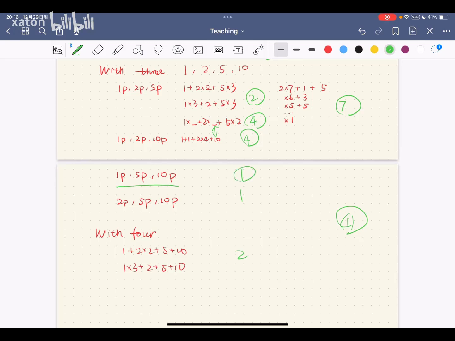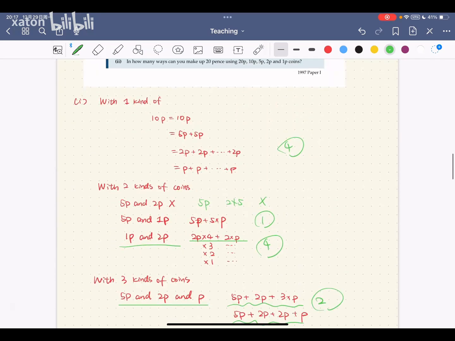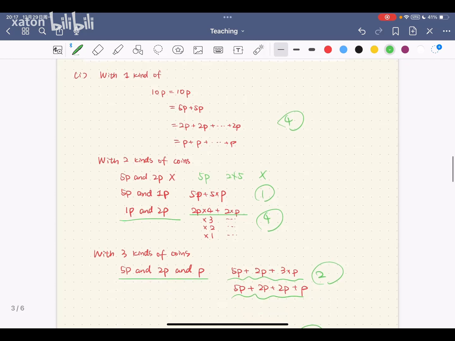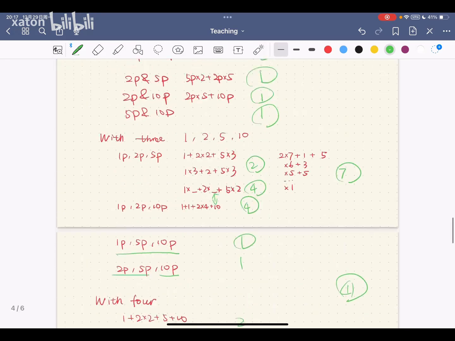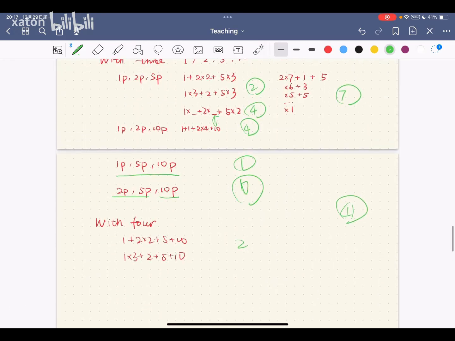Then for 2 pence, 5 pence, and 10 pence, you have to use 10 pence once, but you find out that it's impossible for you to get the remaining part, as we have said in our previous question. This kind of possibility is impossible. So this should be 0.